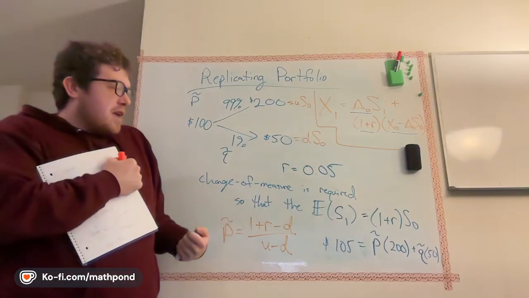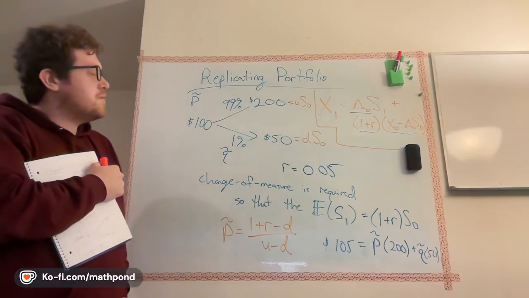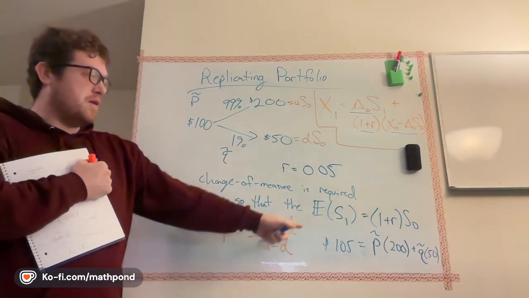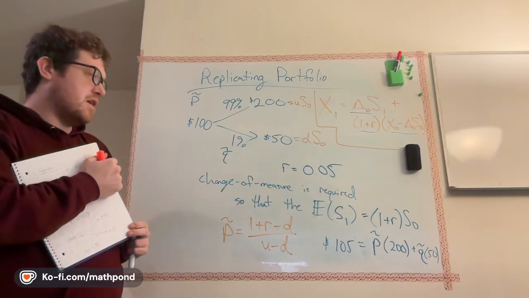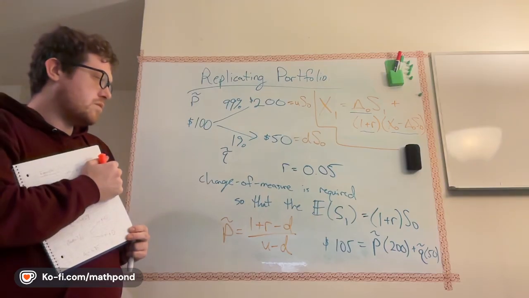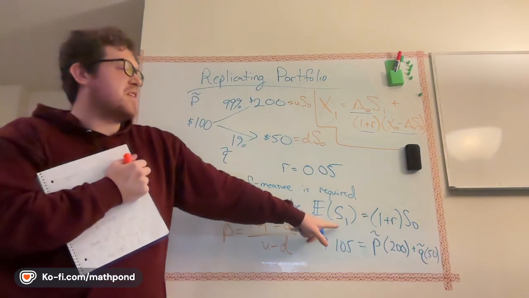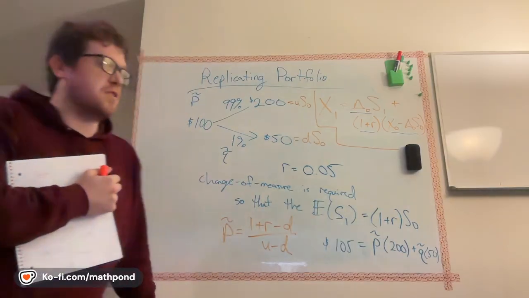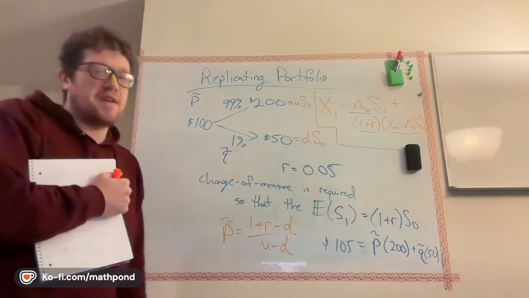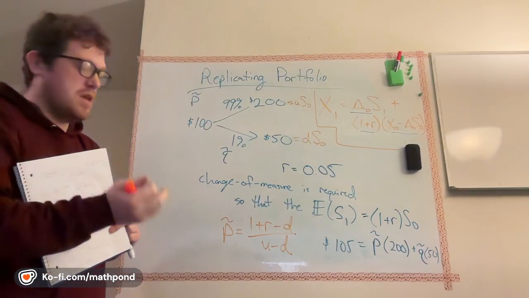So that's saying that in the risk neutral measure, we haven't written down the formula for the option, but the expected value of the stock price and the expected value of the option should be 1 plus R times the original value. So S0, or V0, when we write down V0, will be the option price.